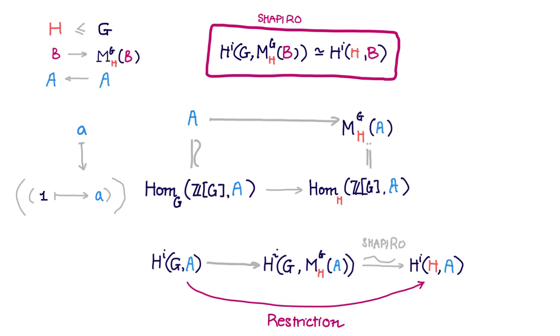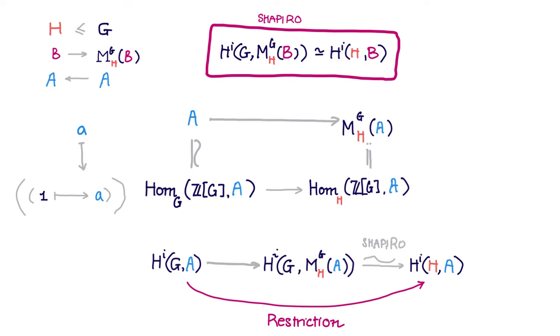On the other hand, we could also identify elements of A with certain group homomorphisms. Observe that since this group ring is a free module of rank 1 over itself, every G linear homomorphism from it to A is uniquely determined by where it sends the element 1.